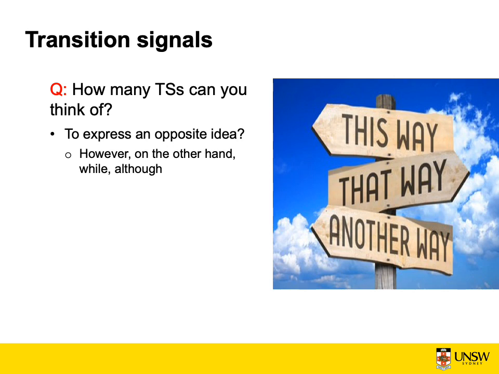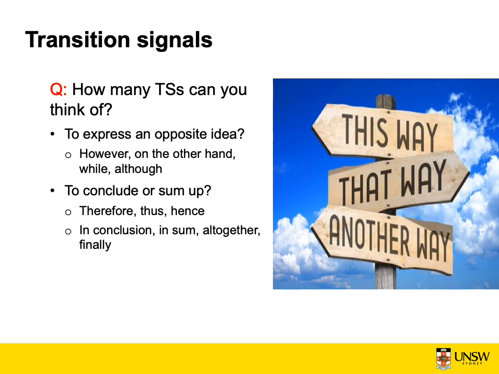Some examples of this, and you might have come up with these ones: however, on the other hand, while, although. So these are really introducing an opposite or contrary idea. You might have some transition signals that conclude or sum up, and funnily enough, this might include things like in conclusion, in sum, but it also might be therefore, thus, hence, altogether, and finally.